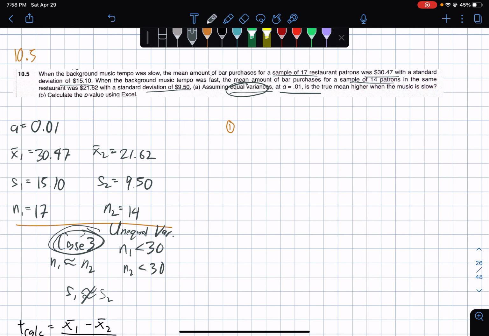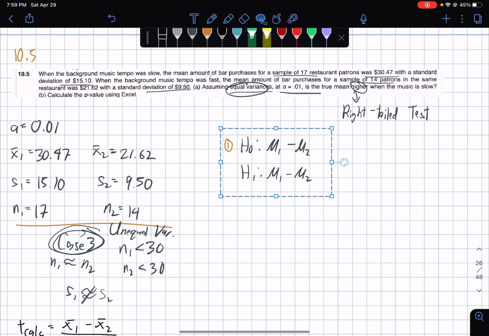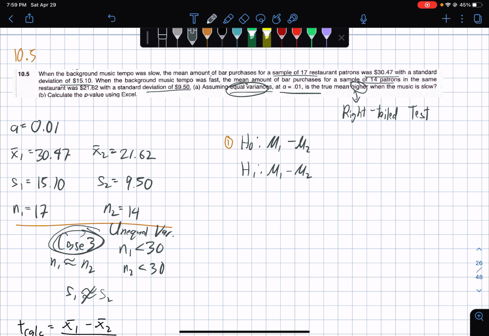But for the type of tail test that we have for this problem, it says here, is the true mean higher when the music is low? This suggests right tail test. So for number 1, step 1, H0, H1. So this is right, because this is right tail test, our inequality symbols would be like this.